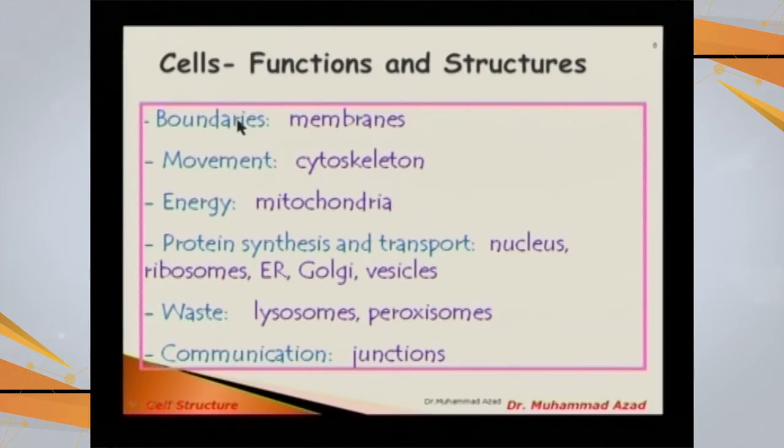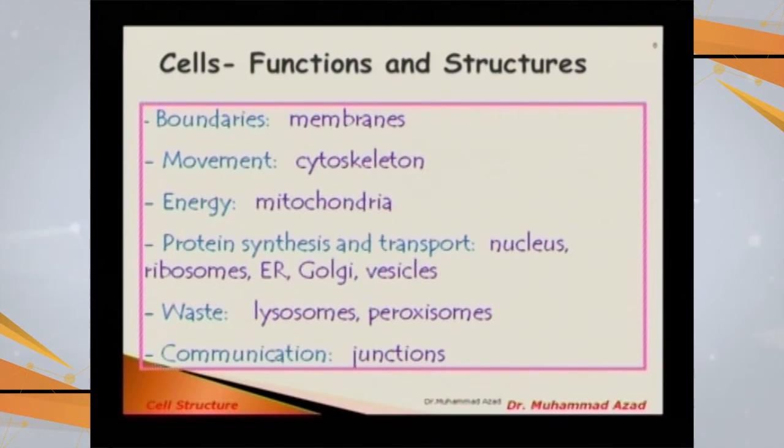Looking at the slide, the boundaries of the cell are made by the membrane, the movements of the cell are assigned to the cytoskeleton, and the provision of energy for all life-giving processes is by the mitochondria. Protein synthesis and transport of material is performed by multiple organelles.